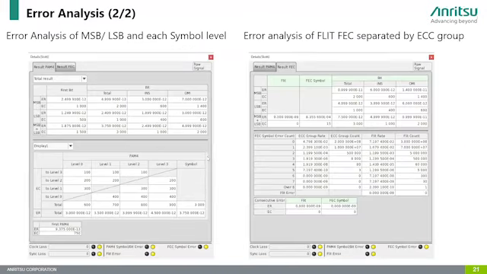Then the error detector has a very detailed analysis of which transition of PAM4 has errors. PAM4 has 12 different transitions, and you can find which transition has errors. Then again, as I said, there is this kind of bar graph or histogram of correctable and uncorrectable errors.